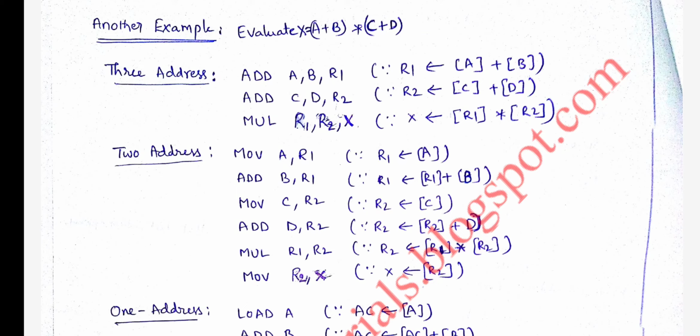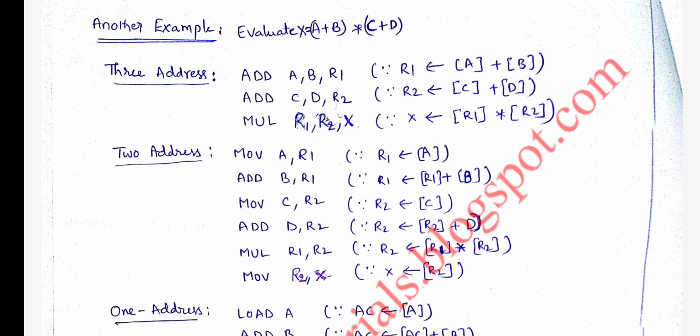Next, add C comma D comma R2, which means we add the contents of C and D together and store the result in R2. Now we have evaluated A plus B and C plus D. Now our aim is to multiply these two results and store the result in X. So we have to use one more instruction which is called MUL.